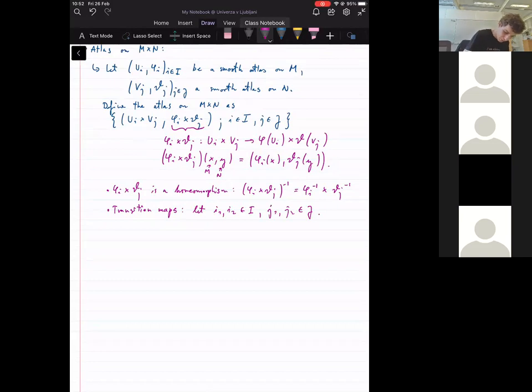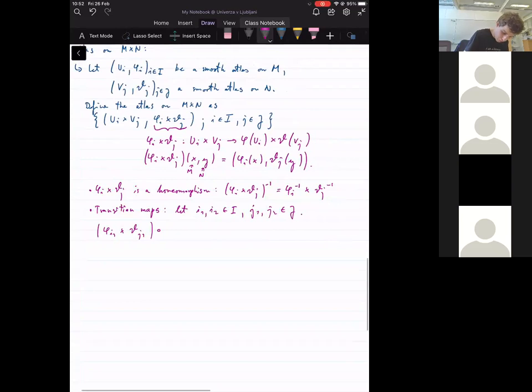What we have to write down is the following composition: the first map, composed with phi_i2 times theta_j2 inverse.